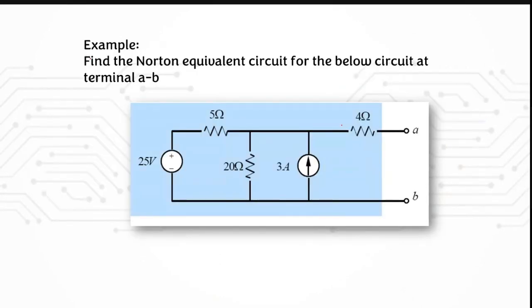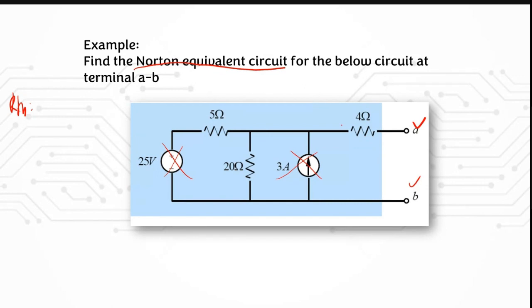Okay, we have this example. Find the Norton equivalent circuit for the circuit below at terminals A and B. Obviously from this circuit, we can calculate RTH by turning off these two sources, because there is no dependent source in this circuit.